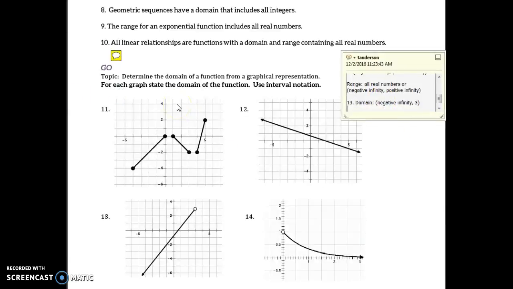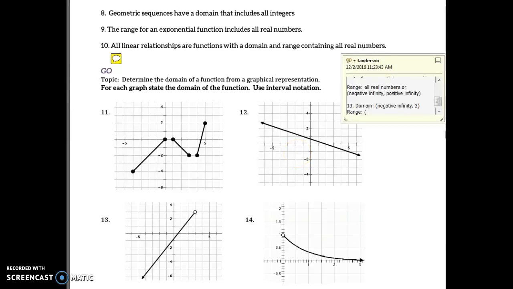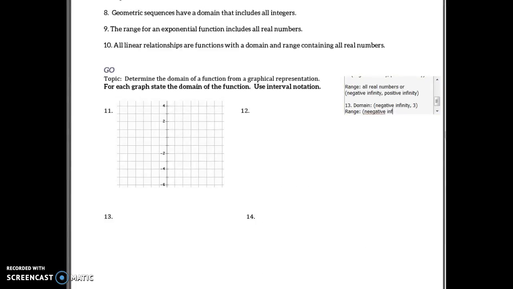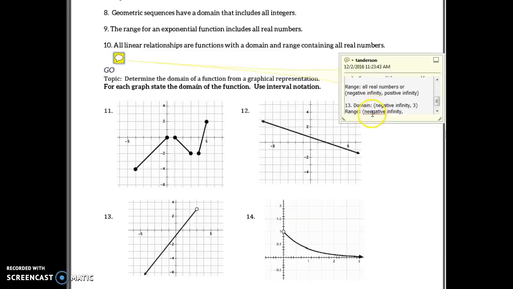Okay? And then our range, our lowest point is going to be negative infinity. And our highest point is going to be 3 again, right? Because it goes down all the way up till 3.